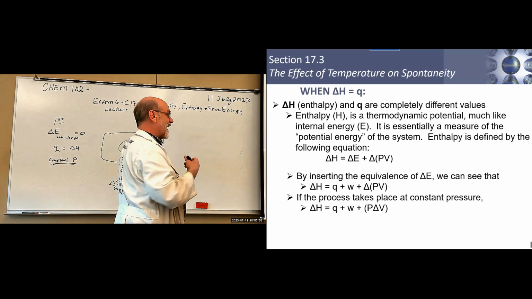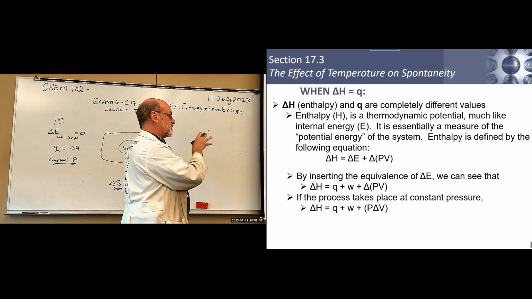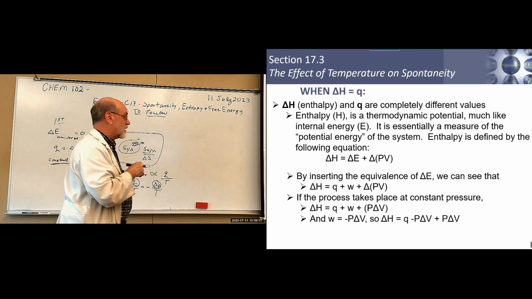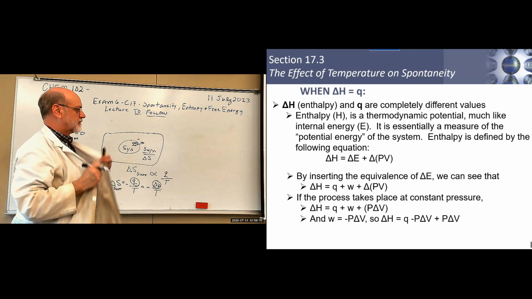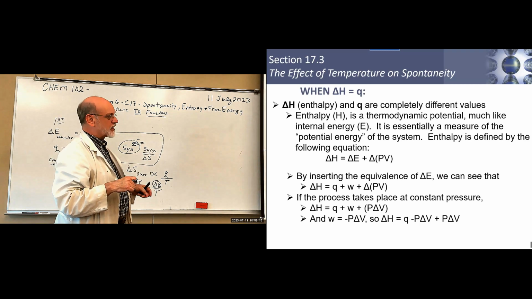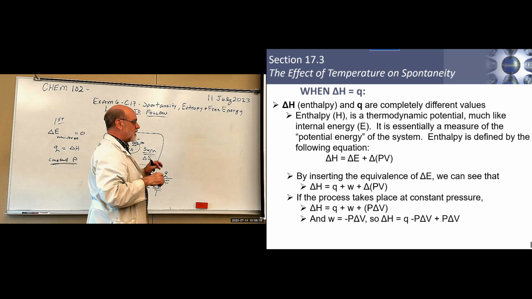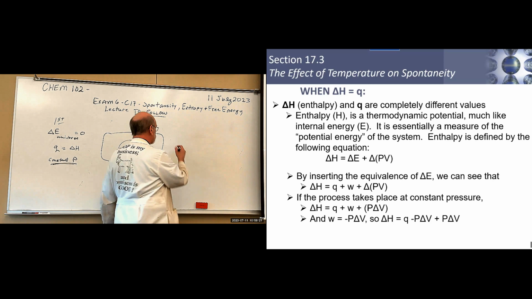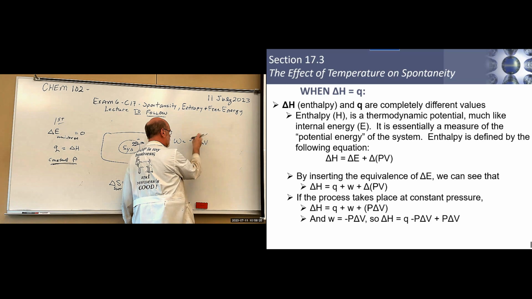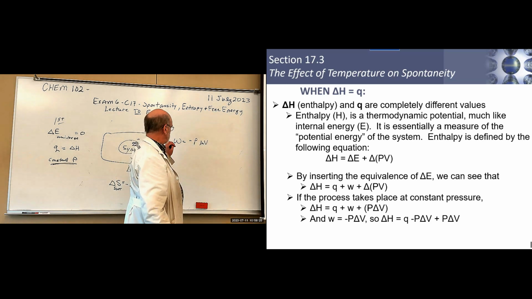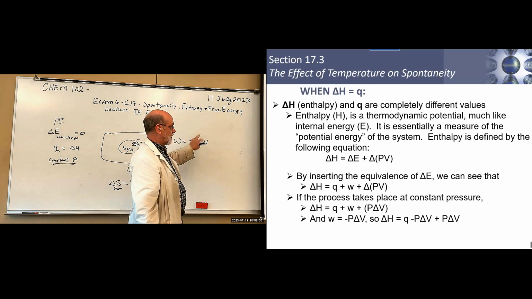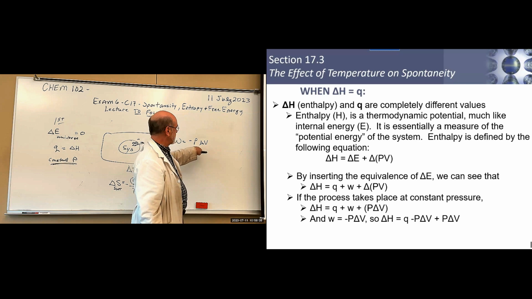So if we pull the P outside, we get Q plus W plus P times delta V. We also know, and this description was in the thermochemistry description, that work in a gas is equal to negative P delta V. The pressure is constant and the volume is changing, then work is measured as a negative pressure times volume.